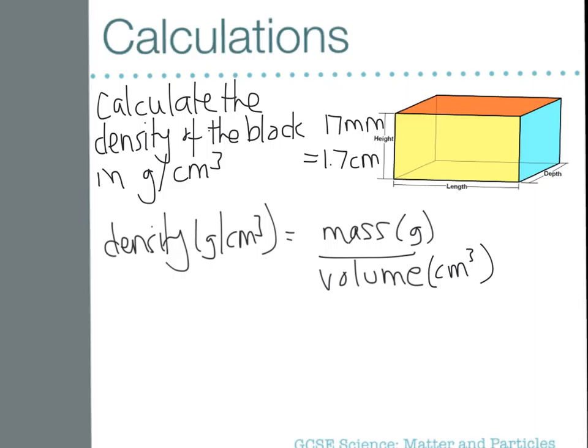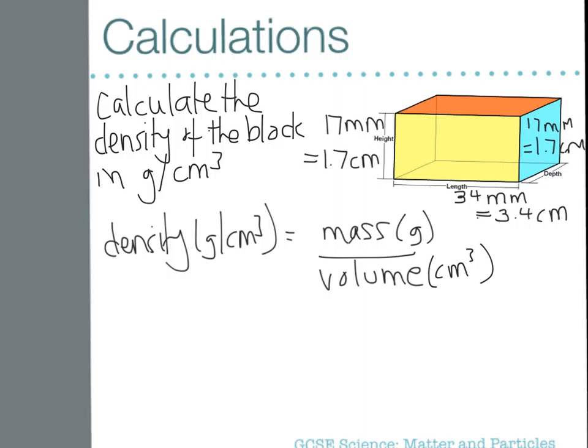If we have the length, say, as 34 millimetres, then we need to change that to 3.4 centimetres because there are 10 millimetres in a centimetre, and the depth, well, it's a square, so that's 17 millimetres, which is 1.7 centimetres.